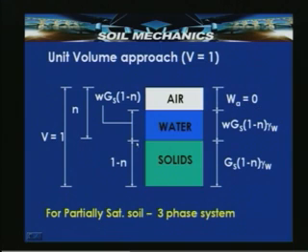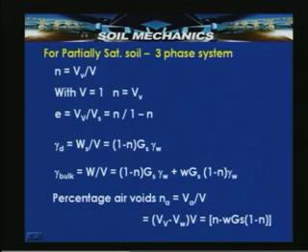With the definition of volume of voids as n, we can say that the volume of voids is equal to n and the volume of solids is equal to 1 minus n. By knowing the weight of water, we can say the volume of water is equal to w Gs into (1 minus n). Let us look at the deduction of this figure for a partially saturated soil 3-phase system.